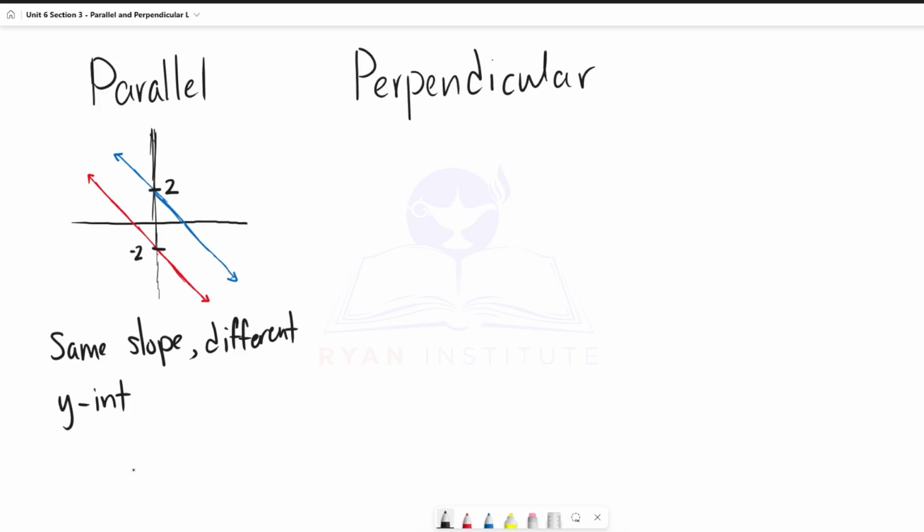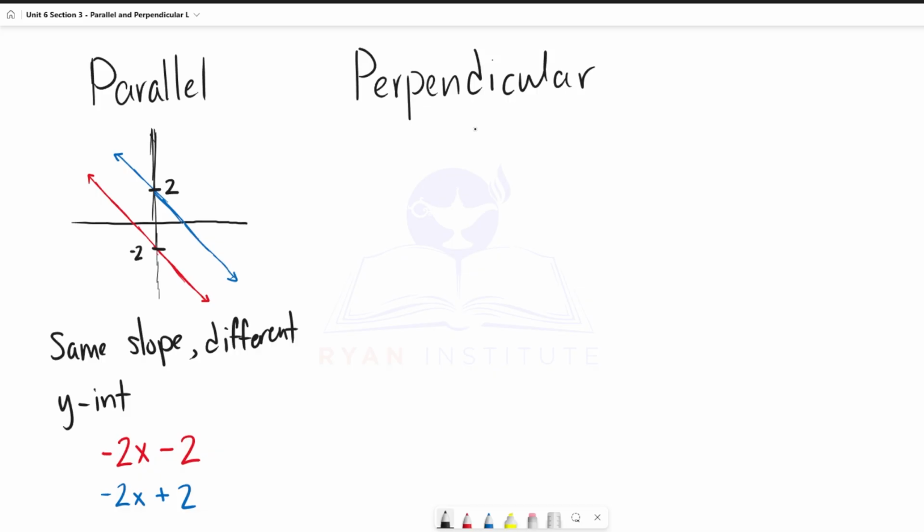So the equations for these two made up lines is going to be 2x, which we said was the slope, sorry, it is -2x because they're going down. -2x plus 2, and then this one is going to be -2x plus 2. I said this one was plus 2, but it's actually -2. So you can see they have the same slope but different y-intercepts, so they are going at the same rate of change, but they start in two different positions, so they will never meet whatsoever.